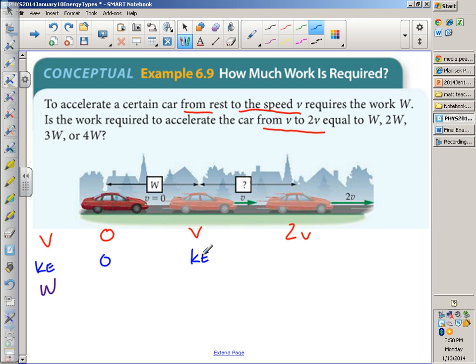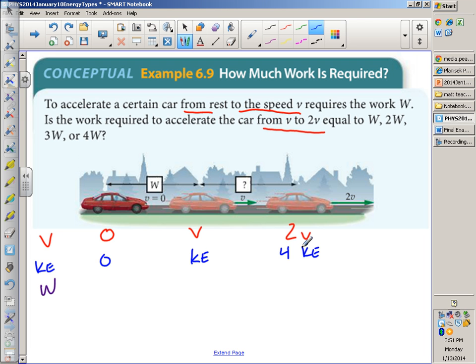But we did talk about the fact that if we double the velocity, the kinetic energy quadruples, or is 4 times as much. So here, there's 4 times as much kinetic energy.